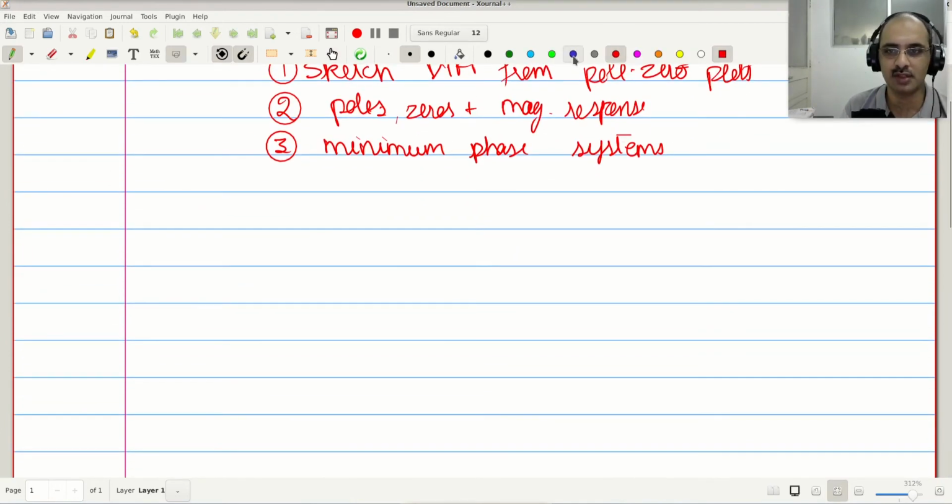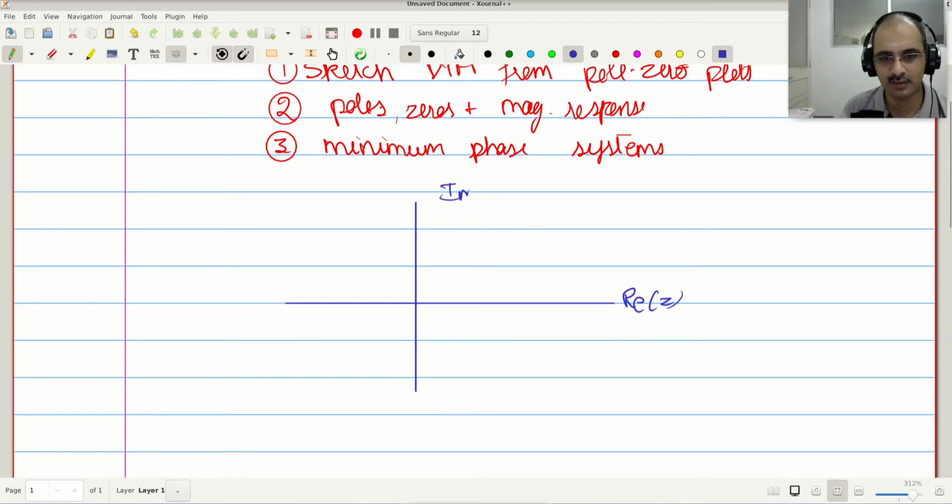Okay, let's first move to a blue color. Now, the first thing you have to realize when you talk about the pole zero plot is that the pole zero plot consists of the real part of Z and the imaginary part of Z, and of course you can draw the unit circle if you want. It's useful to have the unit circle.